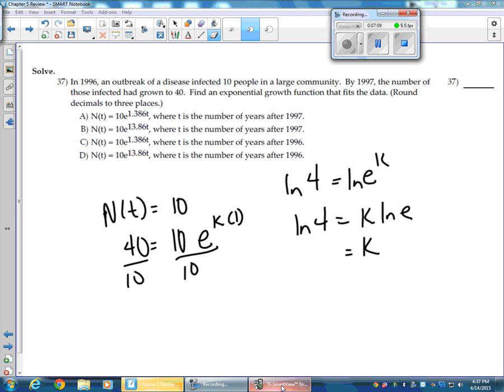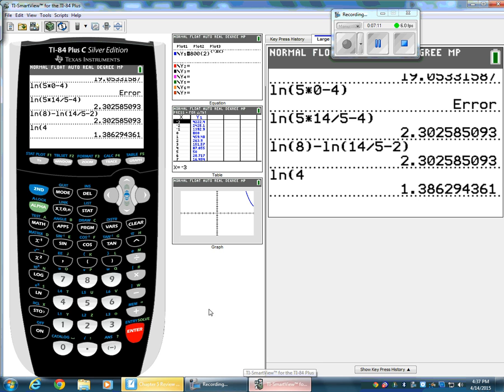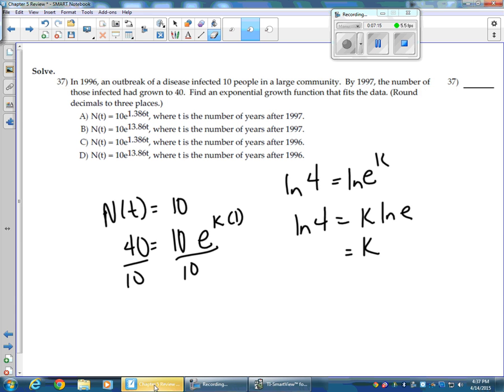And on the left side, the natural log of 4 is 1.386. So k is 1.386. My equation is going to be 10 times e to the 1.386t, where t is the number of years after 1996.